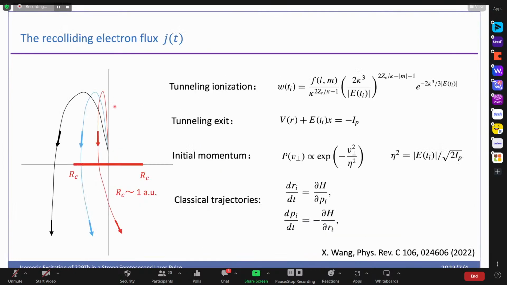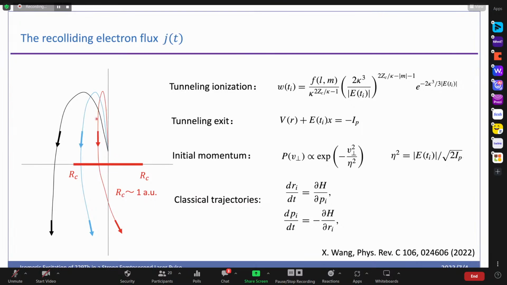The recolliding electron flux can be estimated using a standard strong-field technique: tunneling ionization plus classical trajectory propagation. At each time, an electron may tunnel out at the tunneling exit point with some initial momentum distribution perpendicular to the polarization direction.